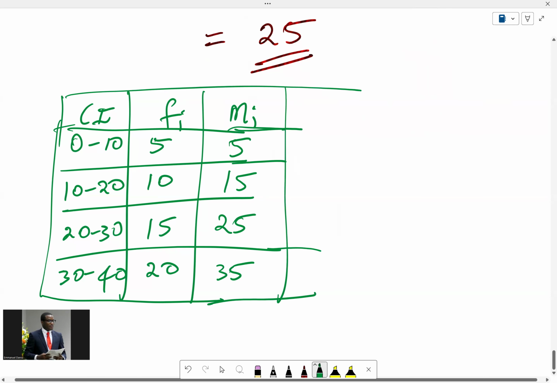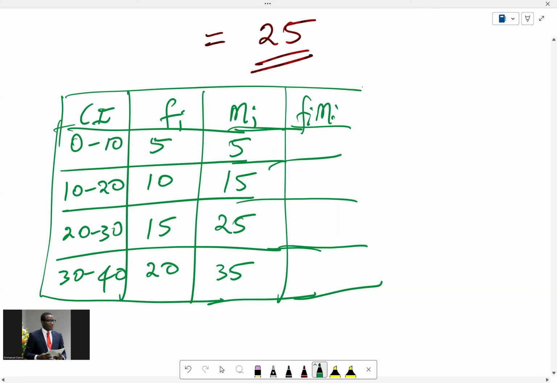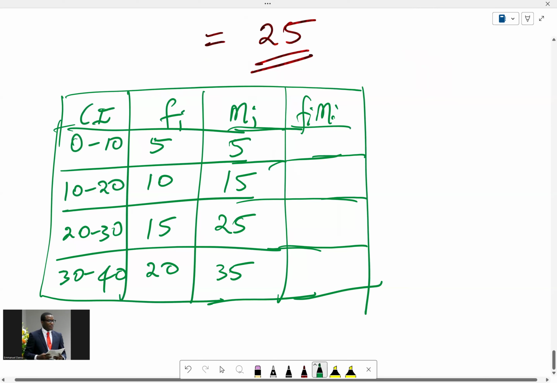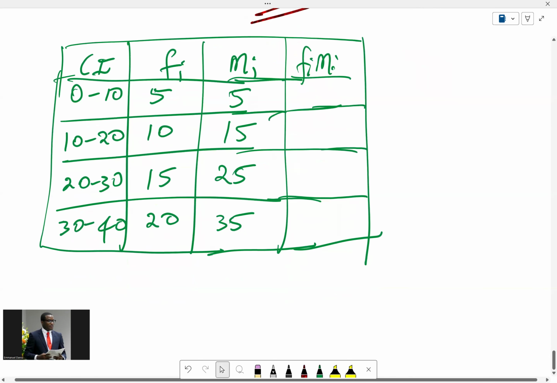The next thing you would need is FiMi, multiplying the two together. So here you have your FiMi: 5 times 5, 25, 10 times 15, 150, 15 times 25 is 375, and 20 times 35 is 700.